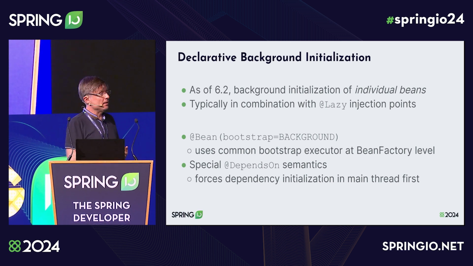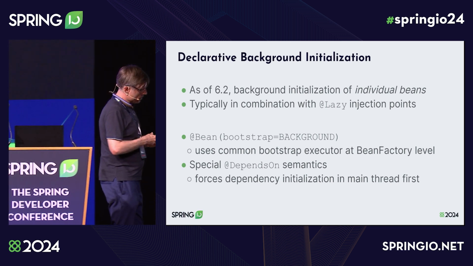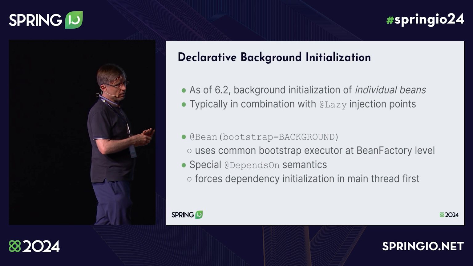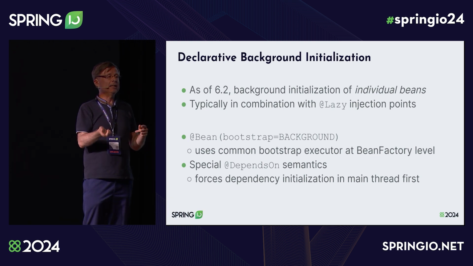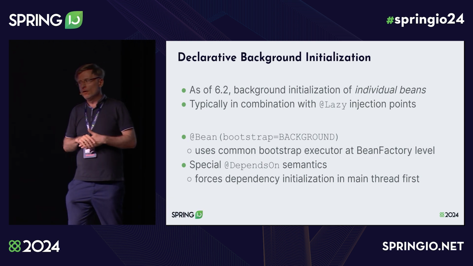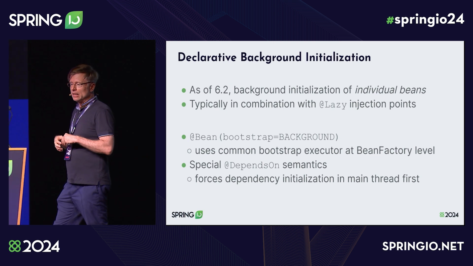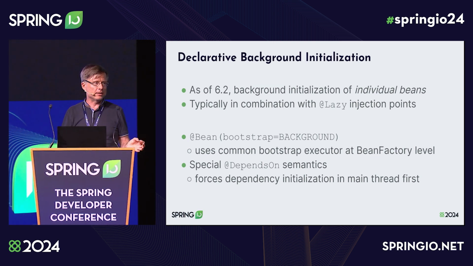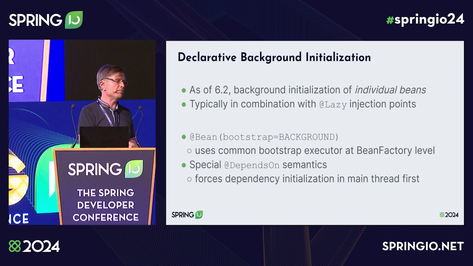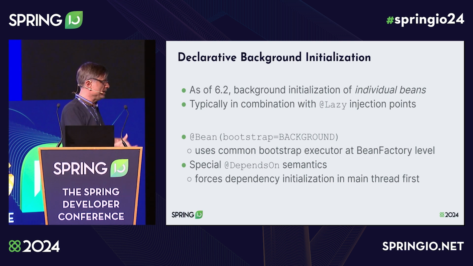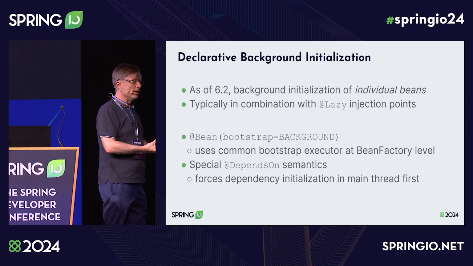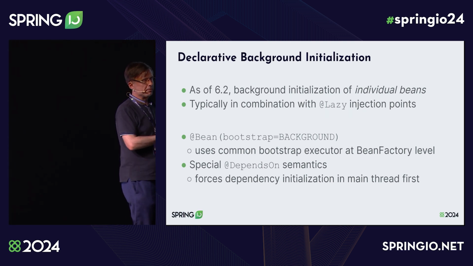The other thing is a reproducible dependency order, or a well-defined dependency order to begin with. We do not let background-marked threads force the initialization of beans in their background thread. It's basically independent steps for that particular bean. That bean and only that bean individually is being bootstrapped on a background thread.